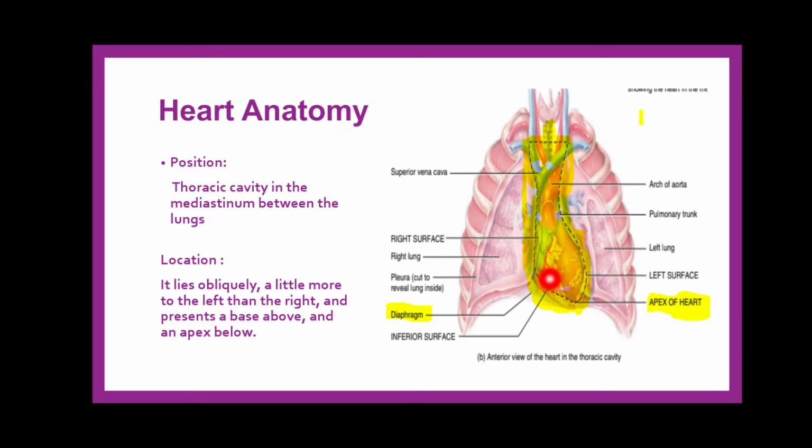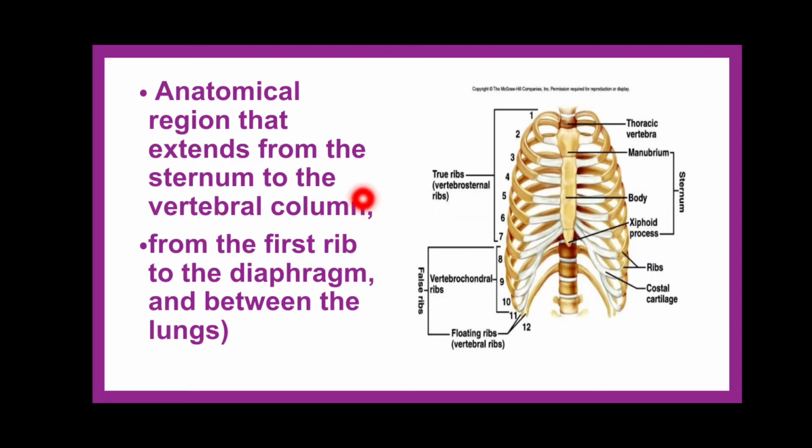If you will see, it is tilted. It is more towards the left than the right side, and presents a base above and the apex below. As discussed earlier, this is the base which is above and the apex which is below, which is resting on the diaphragm.